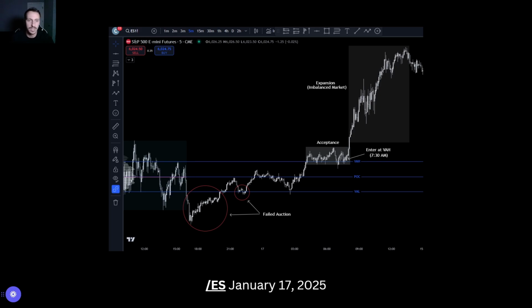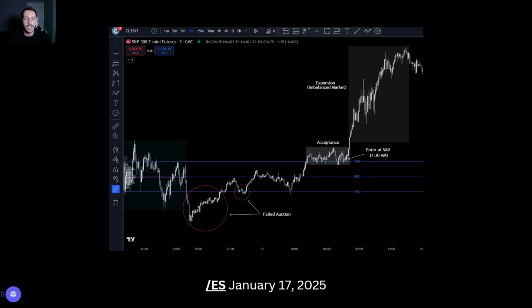These institutions, these banks, these hedge funds, they're trading the New York session, right? That's when they're putting their size down. So we can use the value area of that most recent New York session to see where, because remember, the value area is showing us 70% of all the volume in that session, right? Where it was at. So we can assume that that was maybe a balanced area sometimes. Sometimes it's not, right?